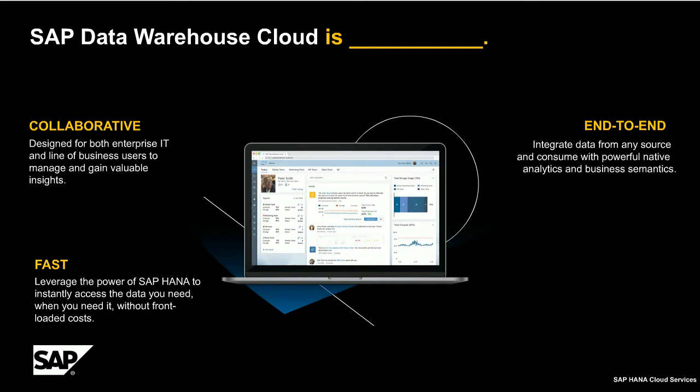Thirdly, and this is a really important point, it's end-to-end, right? So it's one UI where you can integrate your data sources, where you also then see your SnapLogic data, where you can model your data model, and where you can then jump into your analytics within the same UI, where we can leverage our Analytics Cloud functionality. This end-to-end concept is really powerful because it allows the business user to not be confined to the reporting layer.